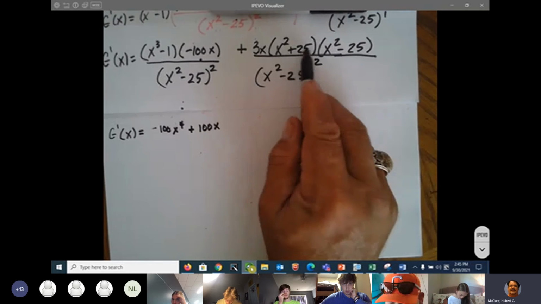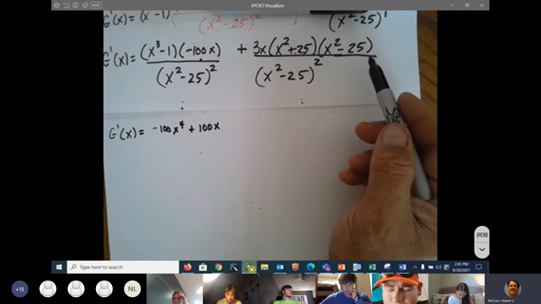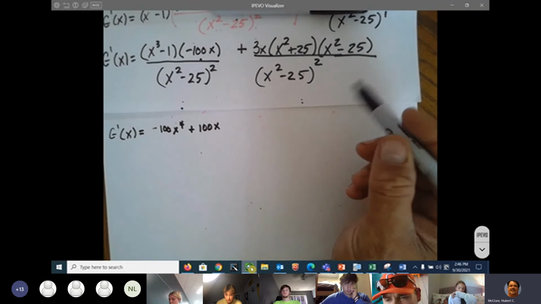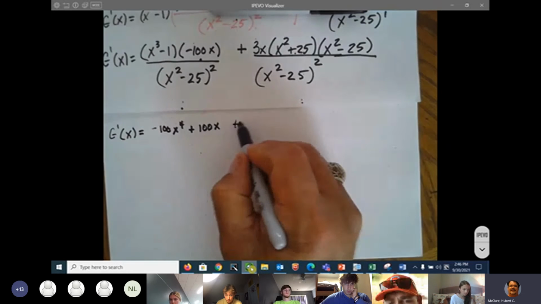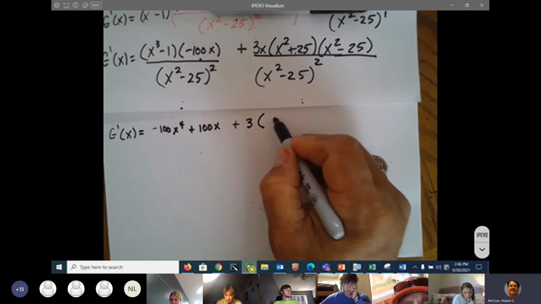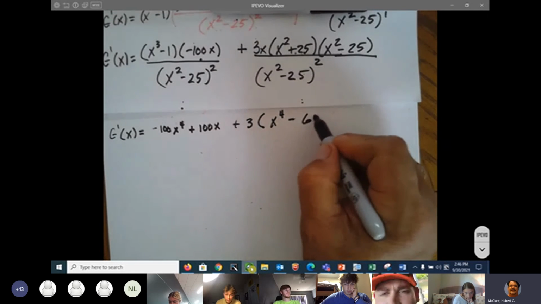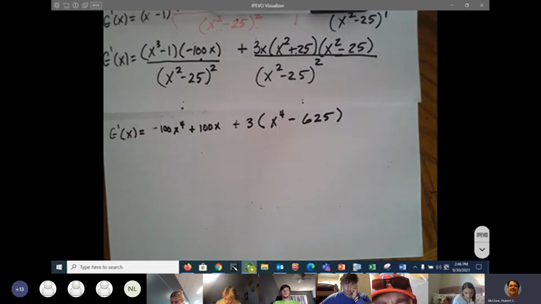And this is x to the fourth minus, what's 25 times 25? Is it 525 or 625? I can't remember. I think it's 625. Plus 3x times x to the fourth minus 625. Somebody check and tell me what 25 squared is.